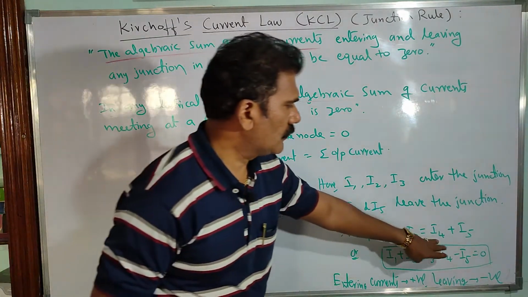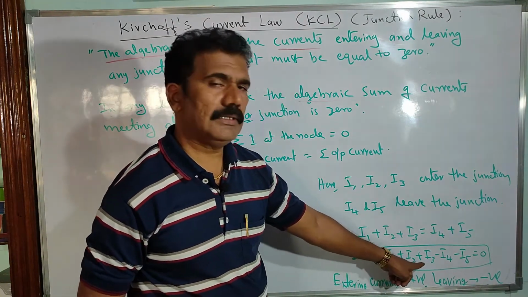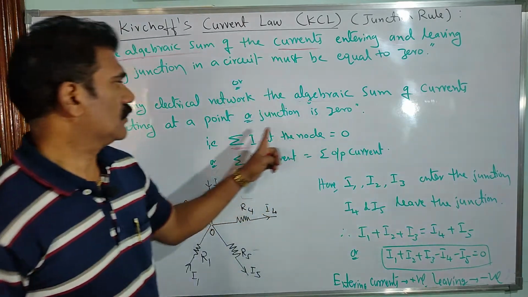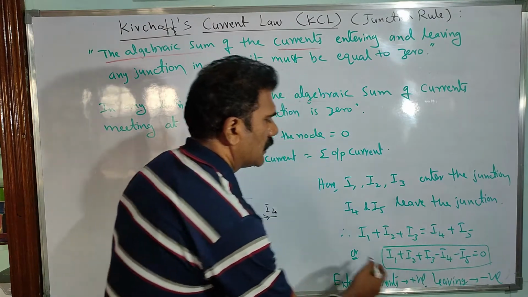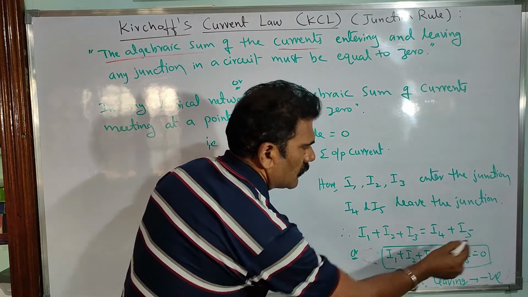If you take I4 and I5 to the left hand side, you get the equation I1 plus I2 plus I3 minus I4 minus I5 is equal to 0 as per this statement. The sum of all the currents entering the node, that is sigma I, is equal to 0.